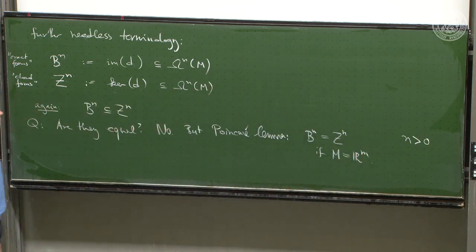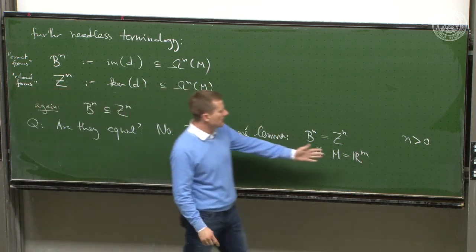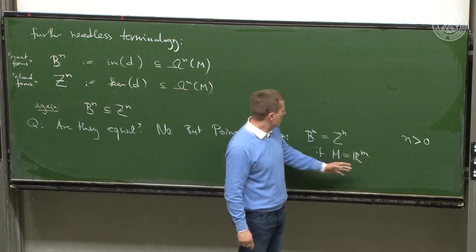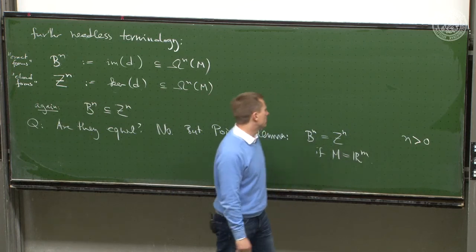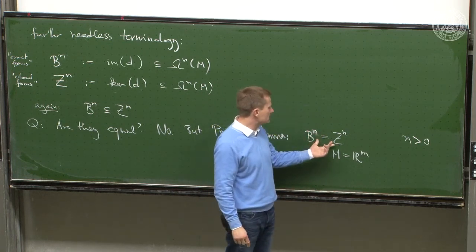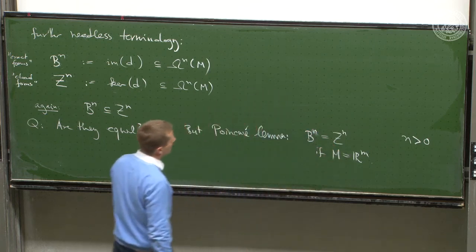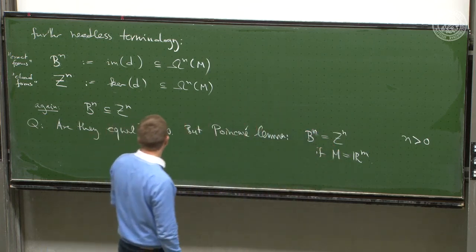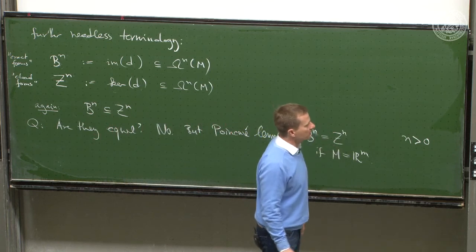So equality holds on Rm. So on some Rm, apart from the case n equals 0, all the closed forms are actually exact, and all the exact forms are closed.